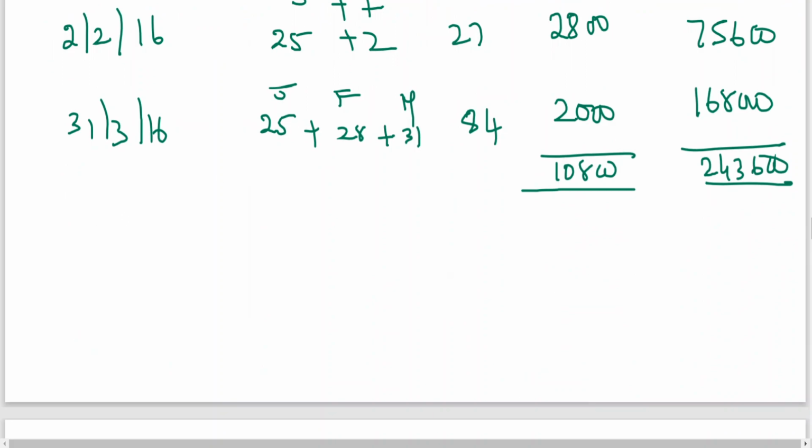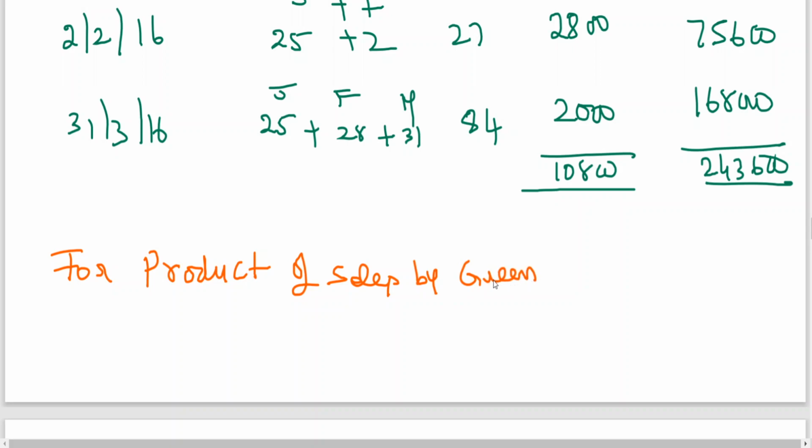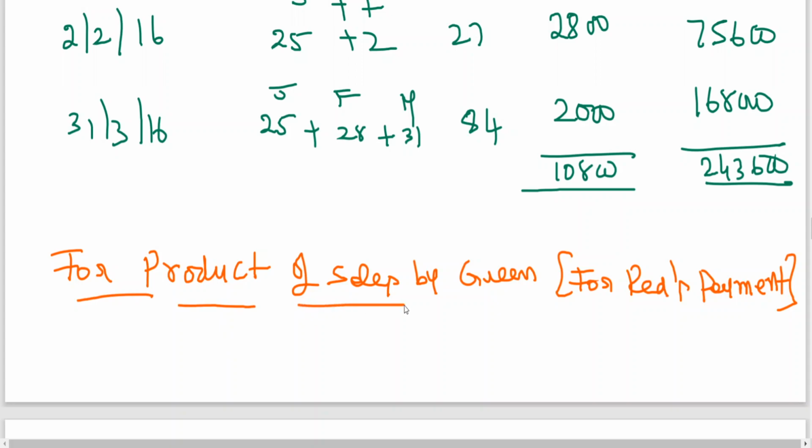Next, for product of sales by Green, where Green is selling, who is paying Red, for Red's payment. For product of sales by Green, that is for Red's payment.